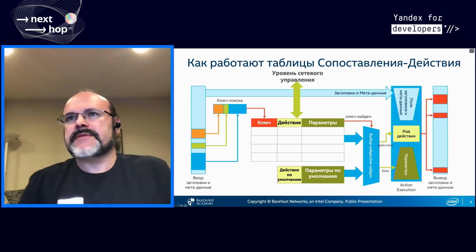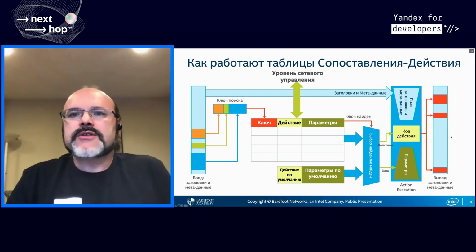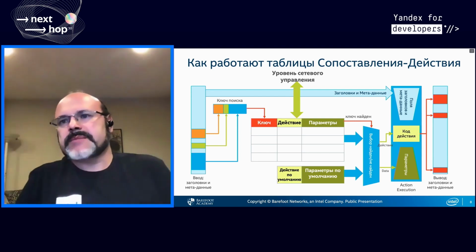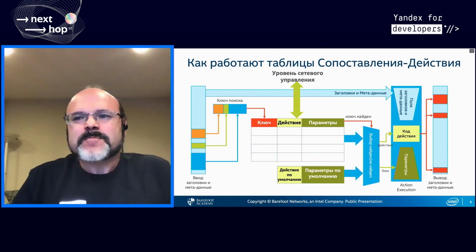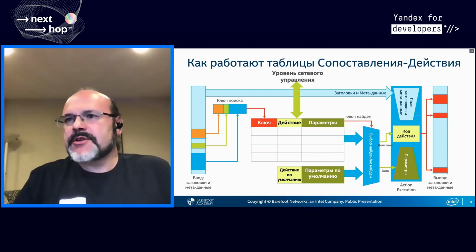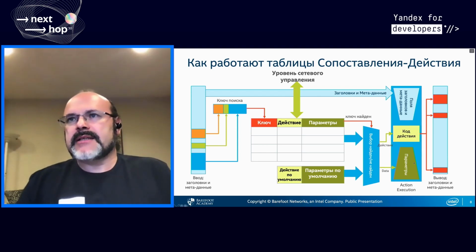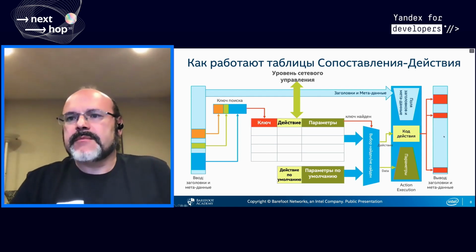And we can use any headers and metadata that are available, and the results go once again to the same bus. And it's very nice because we can work on those tables in parallel. That depends on how much place we have in our microchip, and we can put those tables one after another or in parallel.